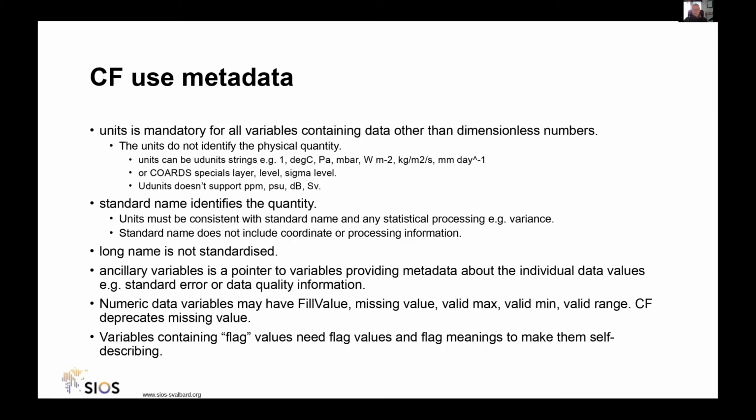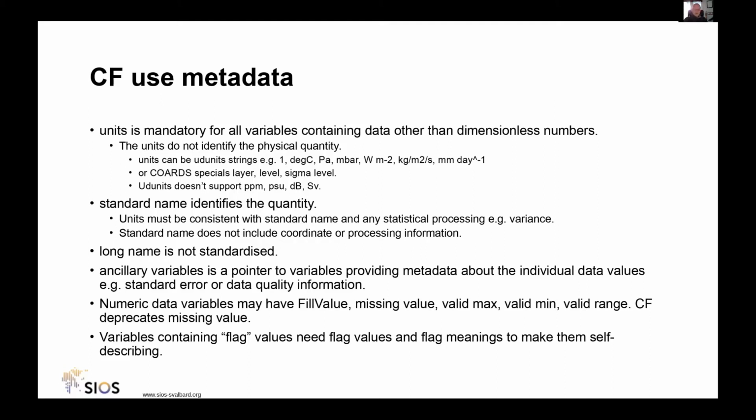You can have ancillary variables, and all numeric data should also have variables identifying how missing values are encoded. And the best way to do this today is fill value. You can also give the valid max and valid min, or valid range, of a variable.